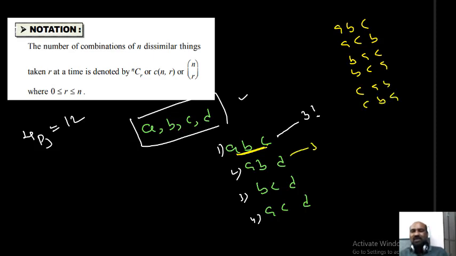So this gives 3 factorial linear permutations. Another combination also gives 3 factorial linear permutations. What are they?